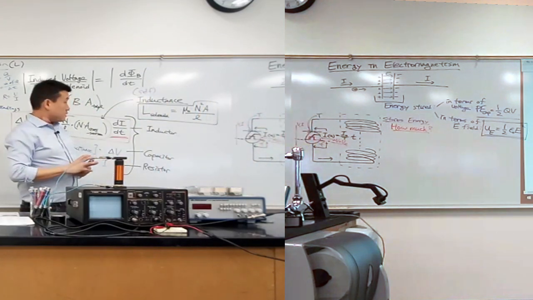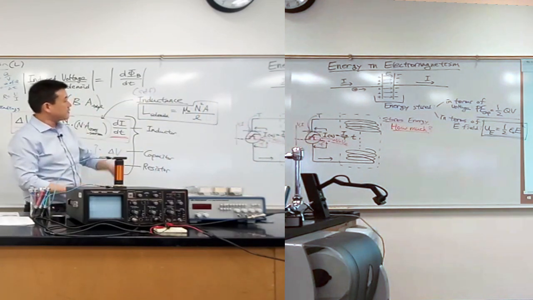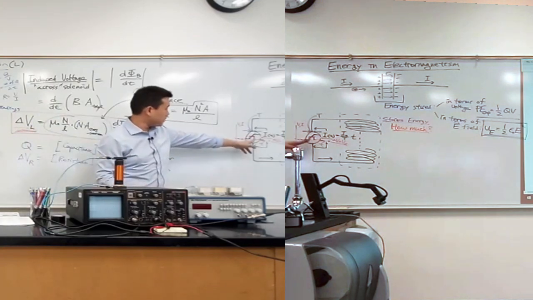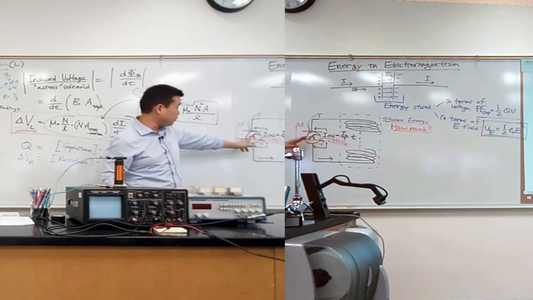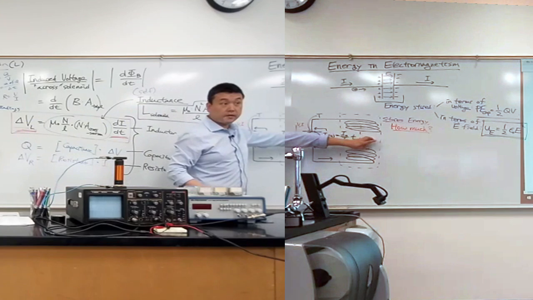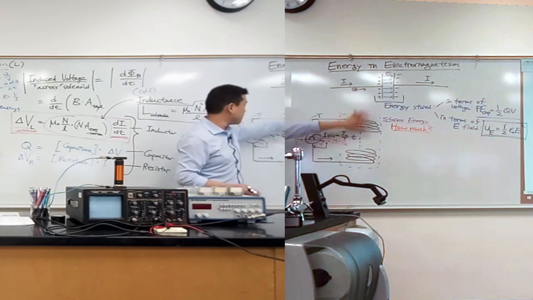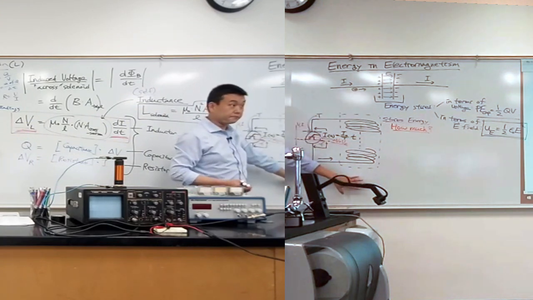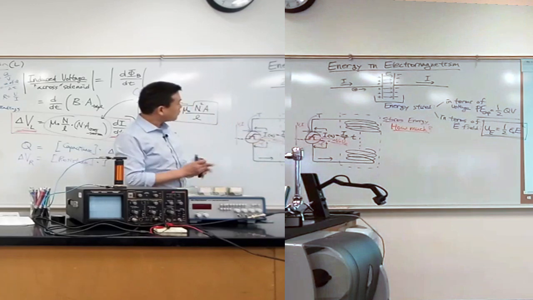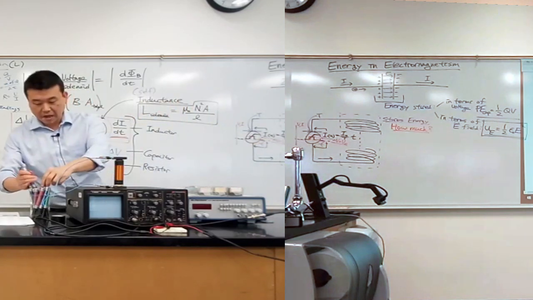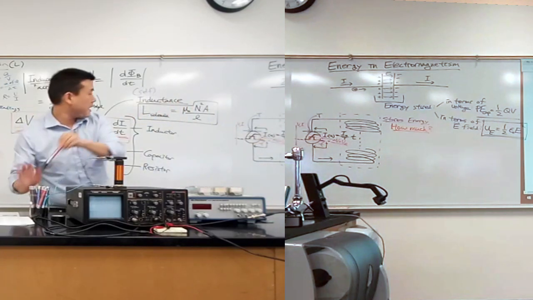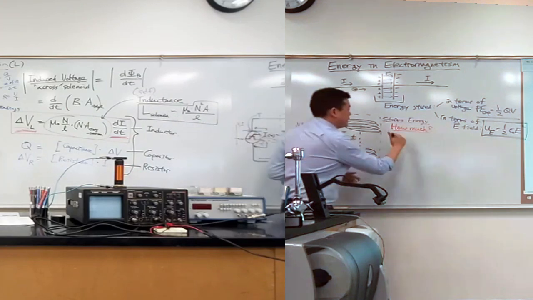Okay? So what I'm going to look at is how much power this power supply has to put into this solenoid, and that's how much energy would end up being stored here. So how do I calculate how much power is being input?